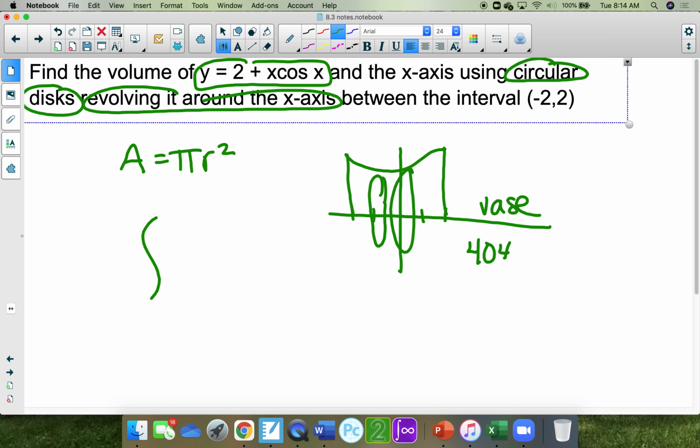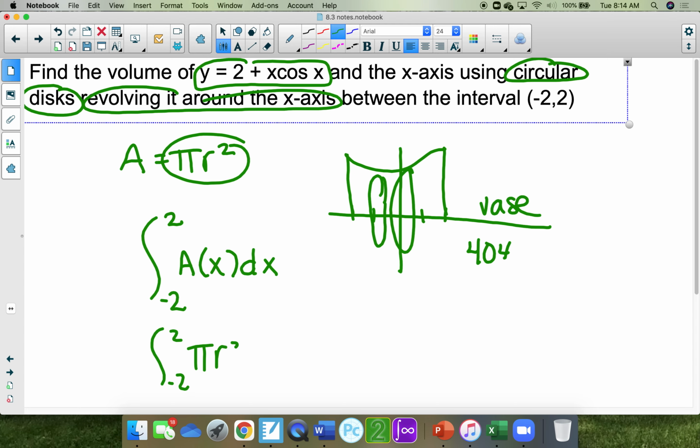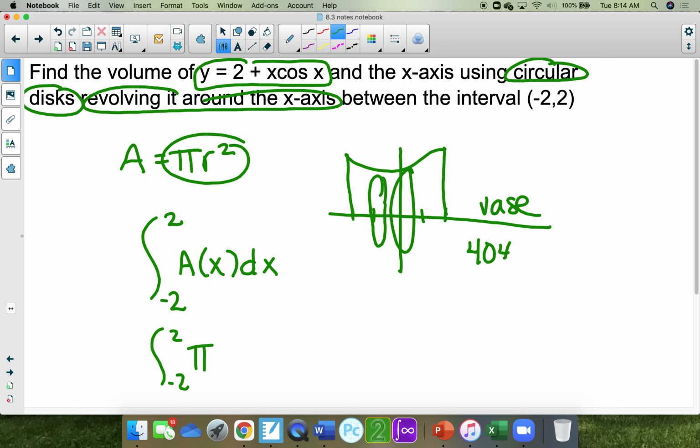So you're going to integrate from -2 to +2, and you're going to use dx. The formula that you're going to use is pi r squared, or pi x squared if you don't want to use pi, doesn't matter, dx.